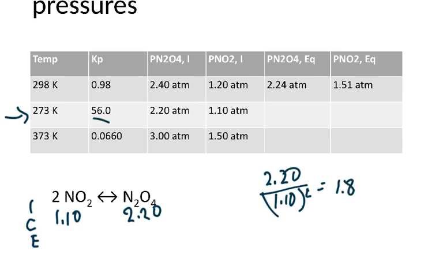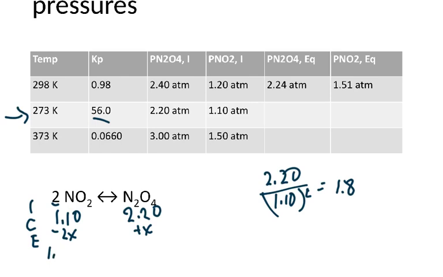My Kp here is 56, so 1.8 is a lot smaller than 56. So we're going to shift to the product side to bring up our value. So plus x, and then we will be losing from our reactant, so minus 2x, and the 2 is there because of the 2 here.